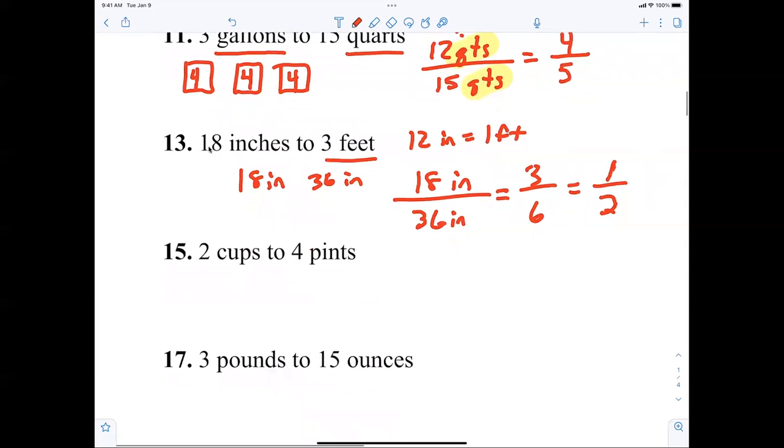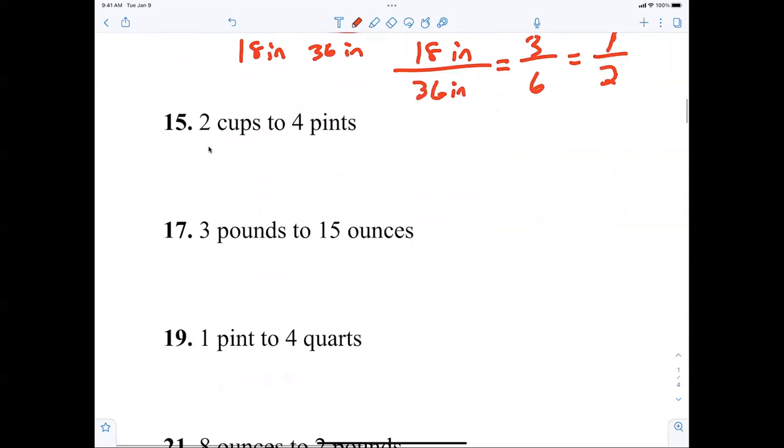All right. Here we go. Cups and pints. What's the relationship between a cup and a pint? You are amazing. That is correct. So if I have 2 cups, let's think about it this way. If I have 2 cups, how many pints do I have? 1, right?